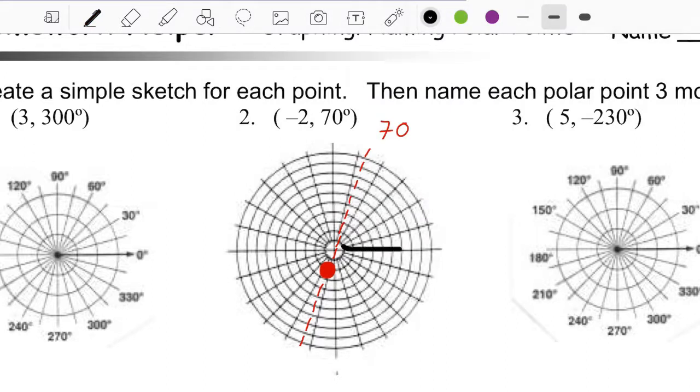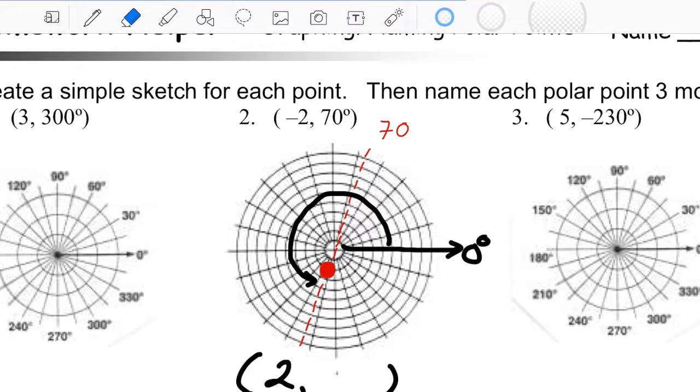Now, don't forget about what I like to call the main way. That is a good old positive rotation, starting at 0 degrees and rotating around to that red point. That's the one that's going to use a positive 2. And we're going to have to do a little thinking here about the angle that gets us to that point.